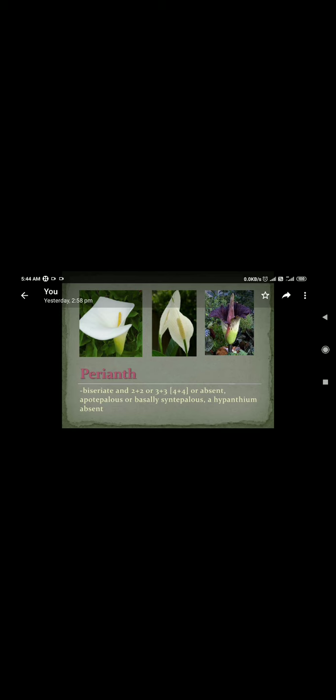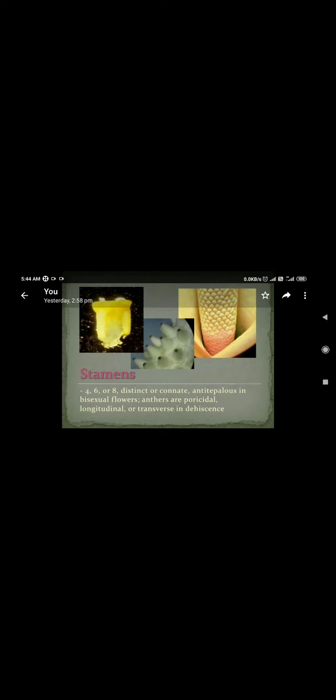Now perianth is biseriate. They may be 2 plus 2 or 3 plus 3, or absent. Tepals are basically syntepalous or hypanthodium absent. By image you can understand how long perianth they have.